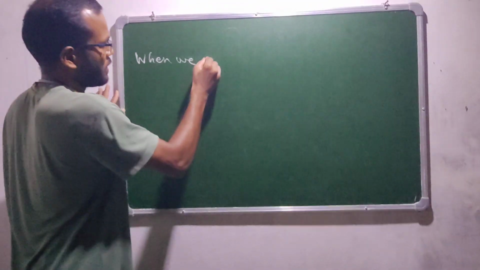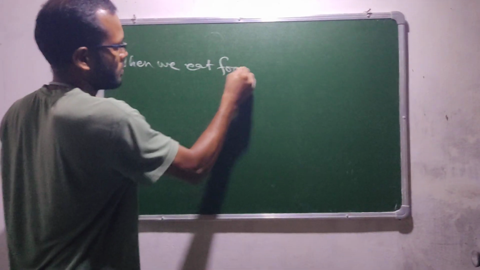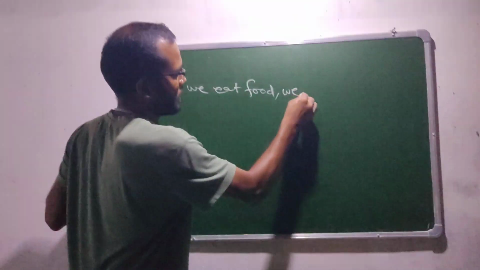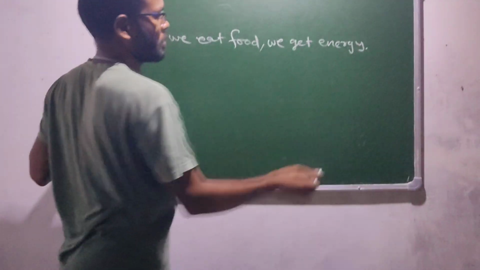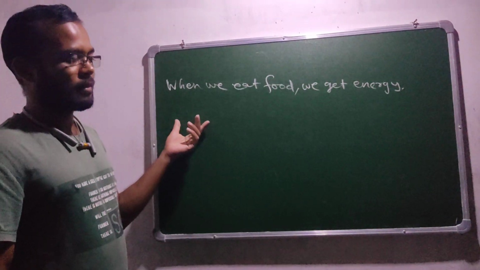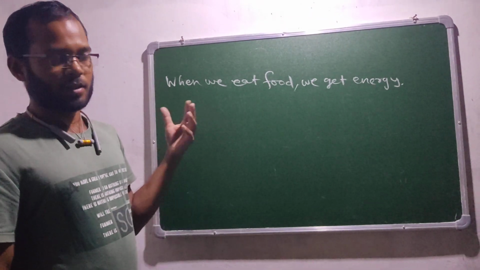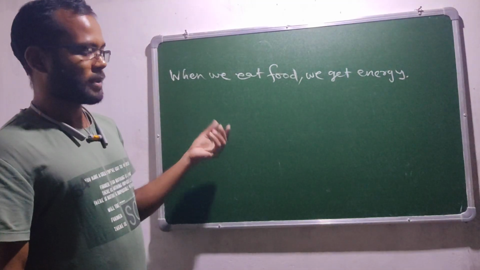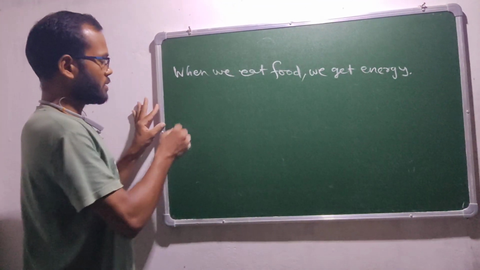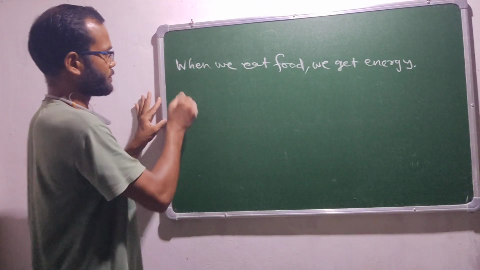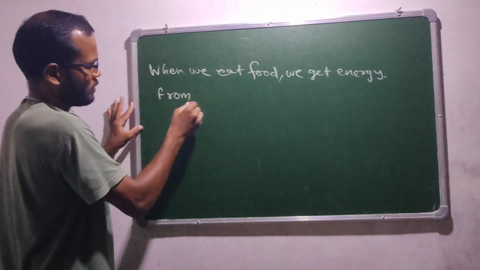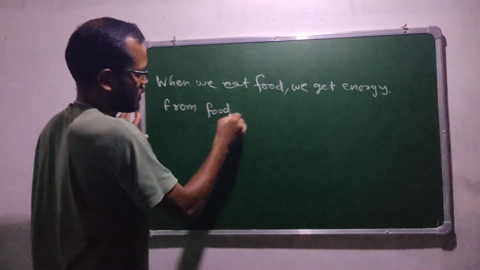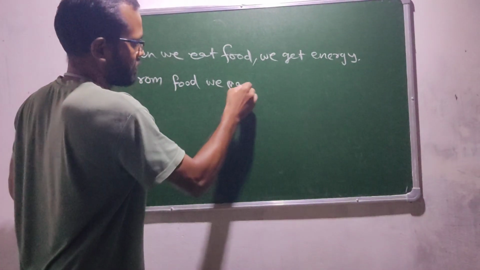When we eat food, what do we get? We get energy, and we use this energy for our daily life activities like reading, writing, walking, sleeping, everything. And from the food we eat, what else do we get?